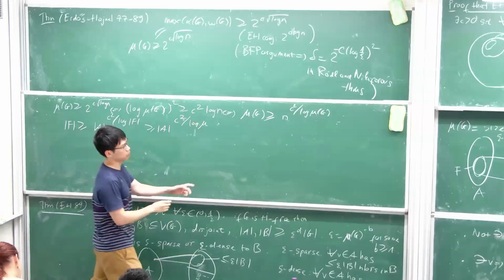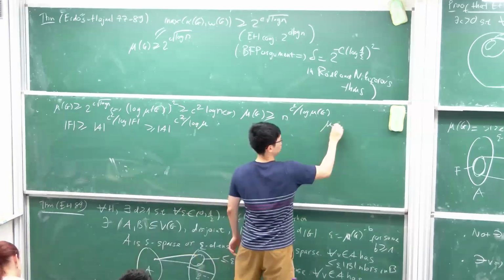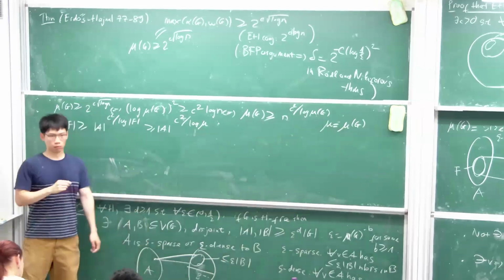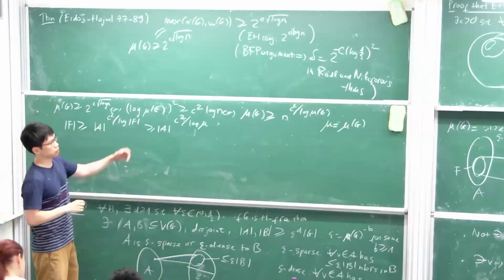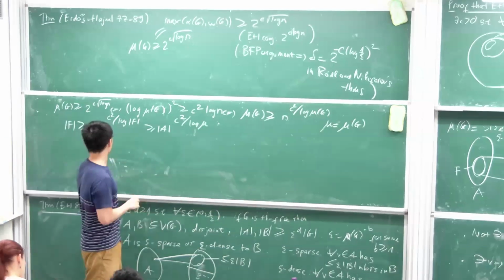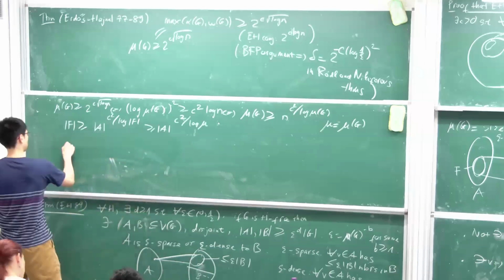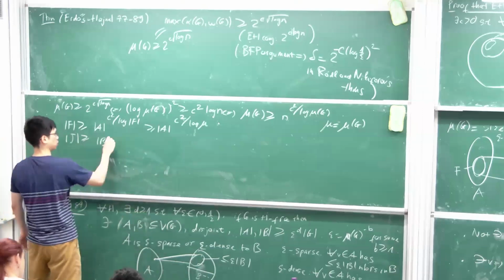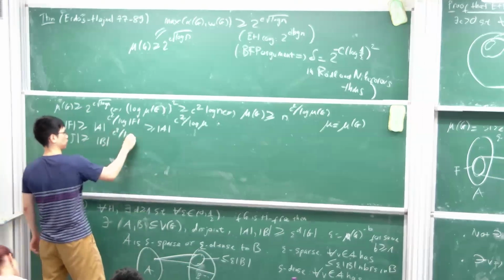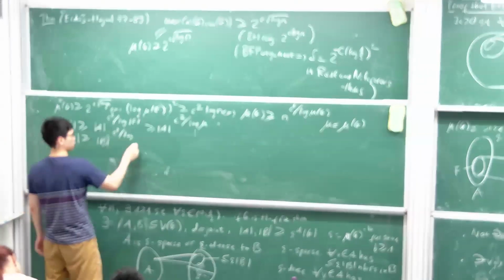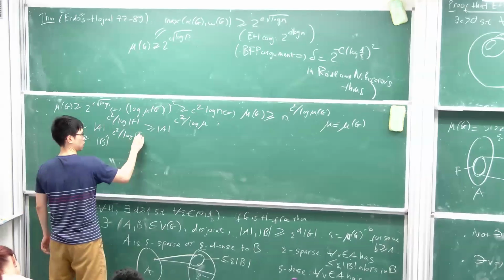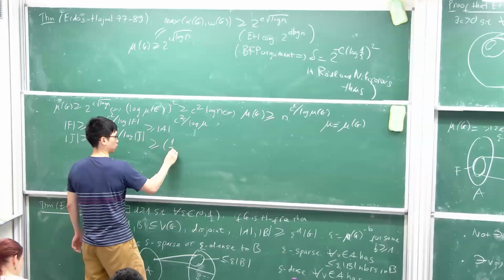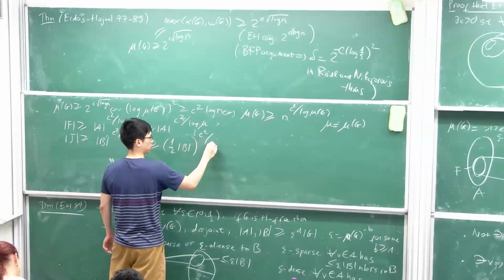So let me now denote mu for mu G. Okay, some obvious estimation. And what do I have for J? J is at least B, or B prime, raised to the power of C squared, divided by log J. And this is at least 1/2 of B raised to the power of C squared over log mu.